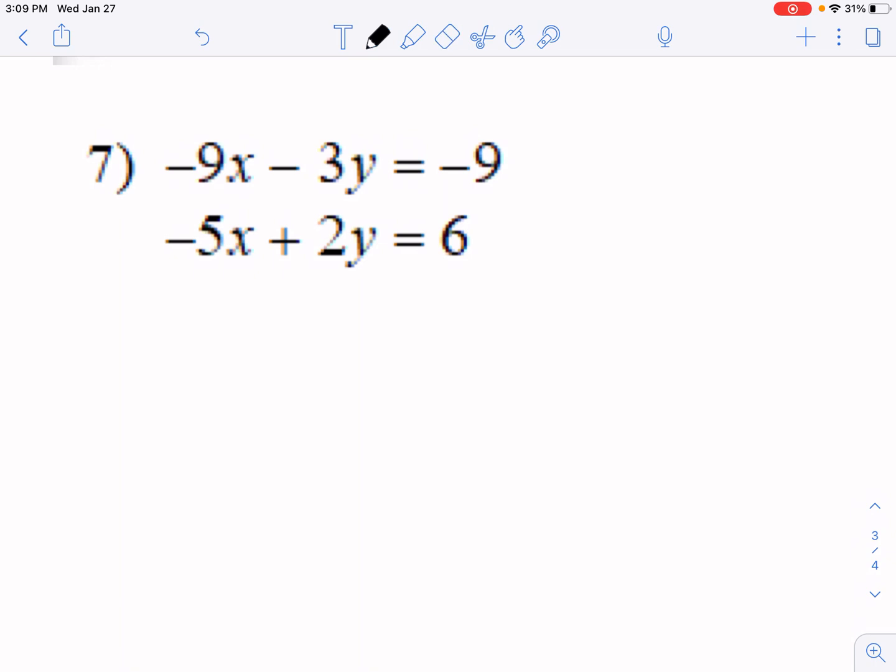Notice, if I multiplied the top by a 2, that 2 times this -3 would create a -6. And if I multiplied the bottom by 3, that 3 times a +2 would create a +6, and thus I'd have my opposite coefficients.